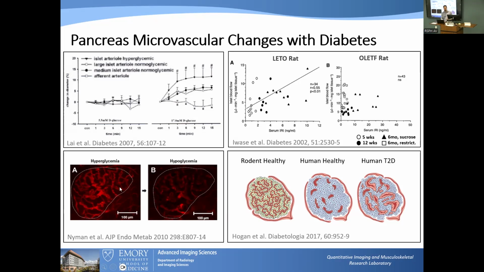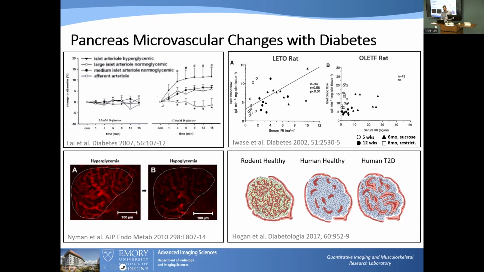That's what those red lines indicate in the islet. And then during levels of low blood sugar, you see that the perfusion signal is much lower in these animals, showing that vascularity reacts to blood sugar changes in the circulation.